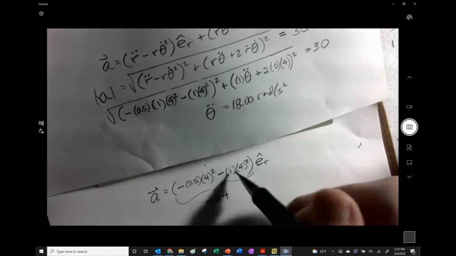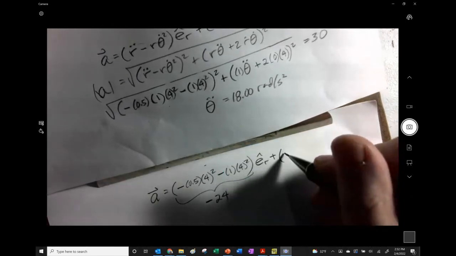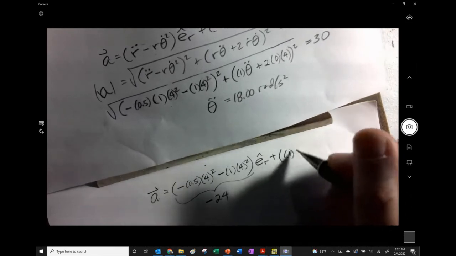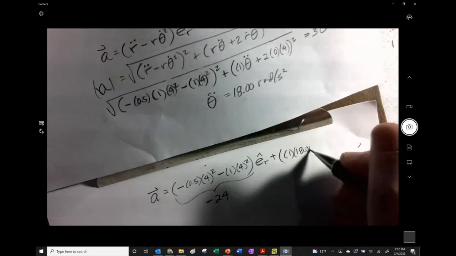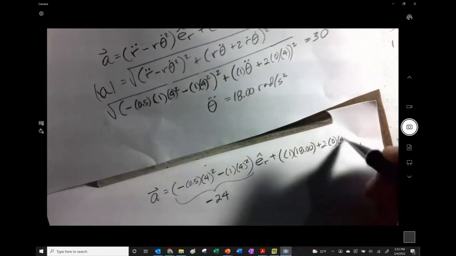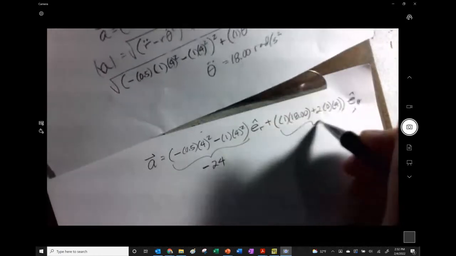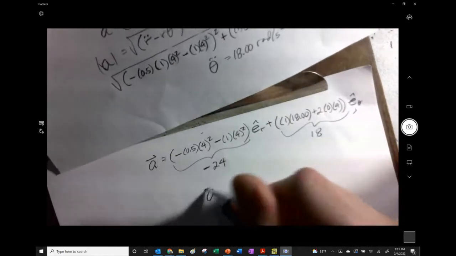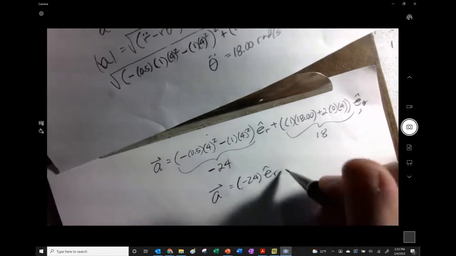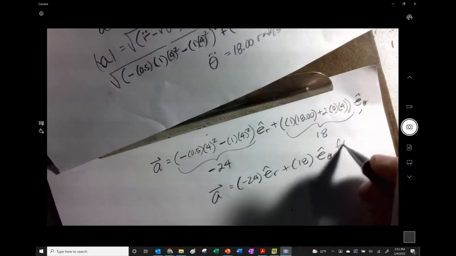Because that's negative 16, and that's negative 8, so that'd be negative 24, plus this is 1 times our 18, and like we said already, this is 2 times 0 times 4, so it didn't matter, e_theta. And so this is just 18. So our acceleration here is negative 24 e_r plus 18 e_theta, feet per second squared.